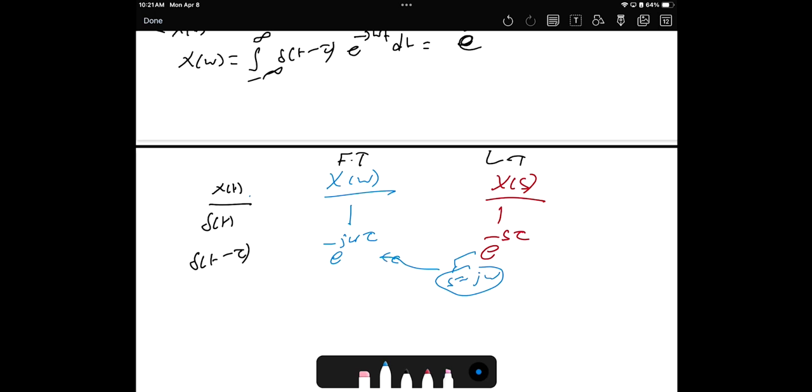Just substitute s equal to j omega. Okay? Does this make sense? So now it's getting easy. Now the Fourier series or Fourier transform is easy. Basically, just substitute s equal to j omega. Okay, let's do another example.